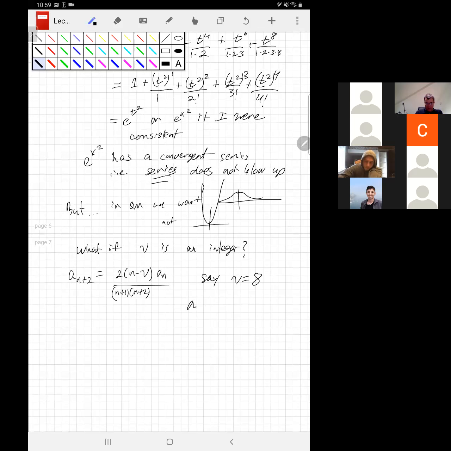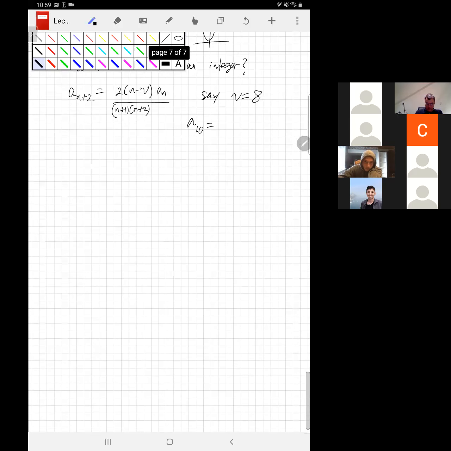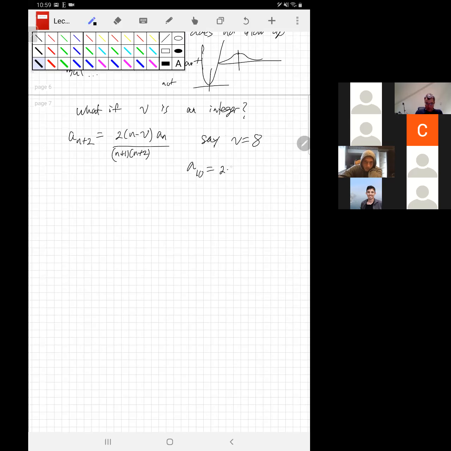Okay, so then a_10 would be 2 times (8 minus 8) over (8 plus 1)(8 plus 2). So we're going to look at the case n equals 8, n plus 2 equals 10. So a_10 is 0.